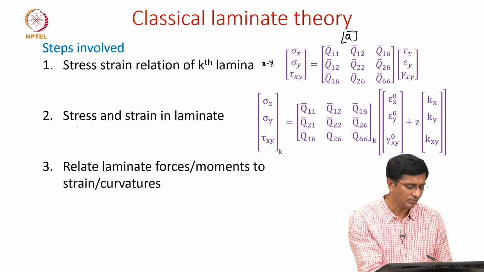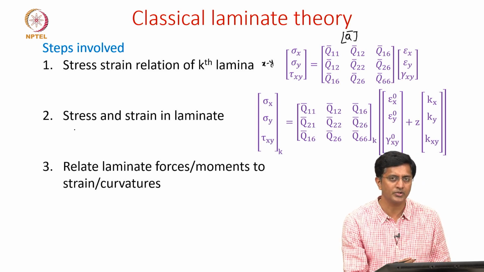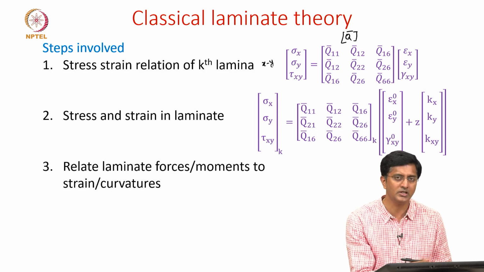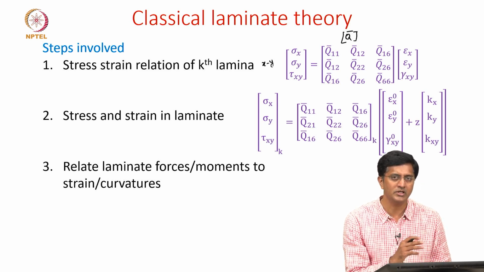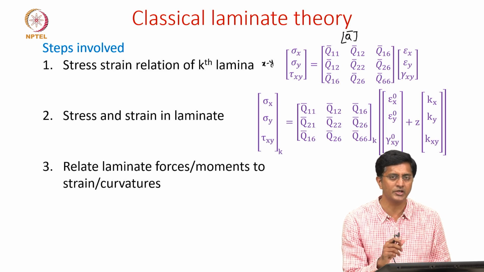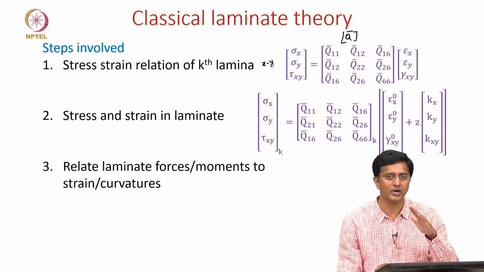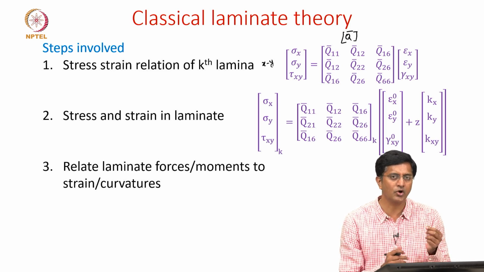In the second step, using the deformation hypothesis, we have shown the relation between the stress and strain in the laminate. Essentially, we made a few assumptions regarding the deformation, saying that the normal should remain straight before and after deformation. This is the normal to the mid surface of the laminate.